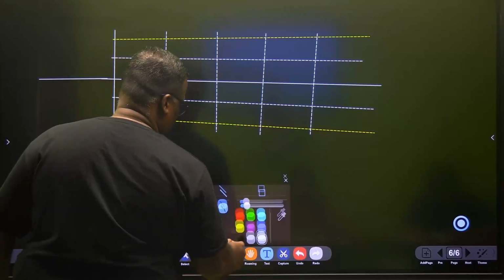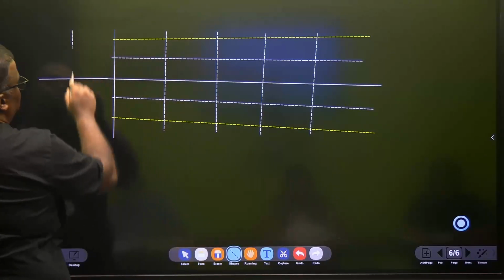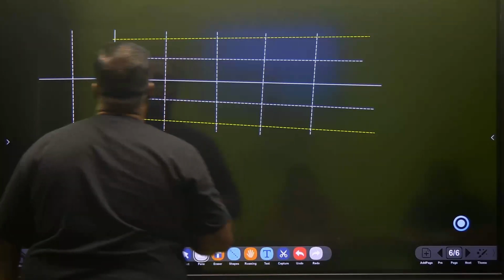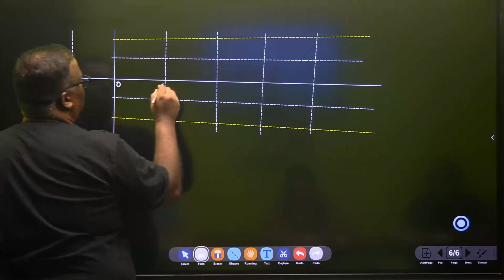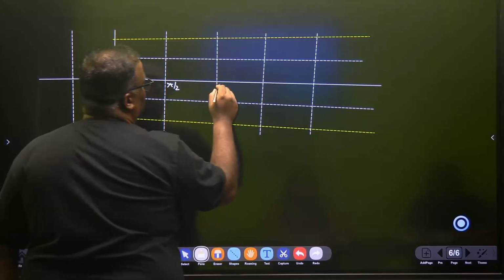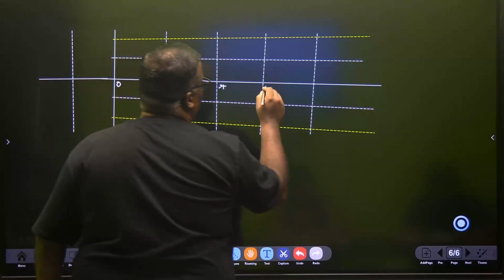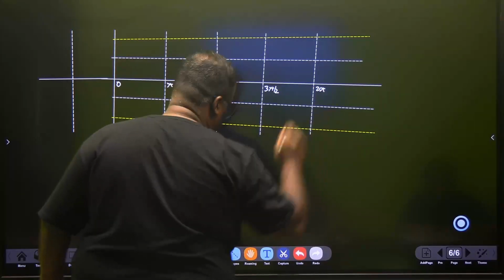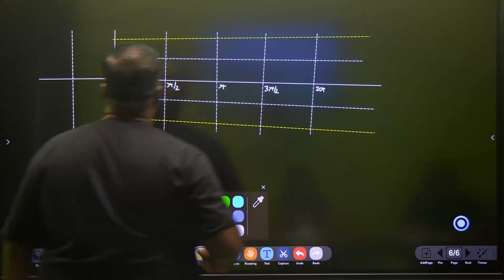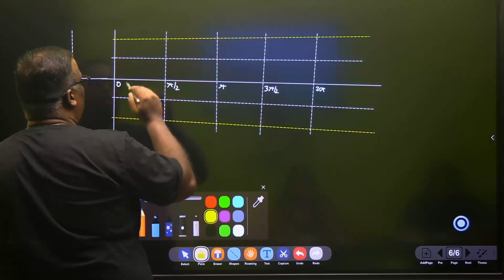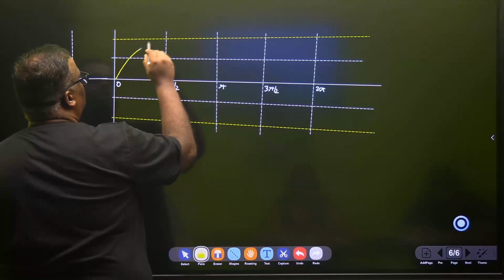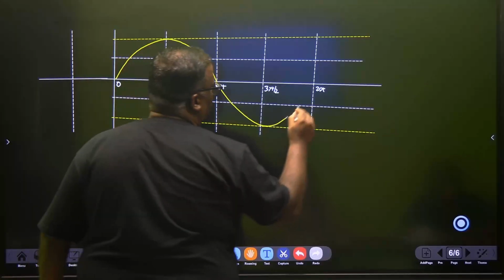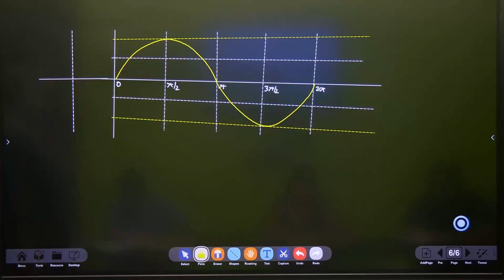So this is 0, pi by 2, pi, then 3 pi by 2, and this is 2 pi. So let's quickly plot the voltage curve. The voltage curve is shown by yellow. Voltage is sin omega t.